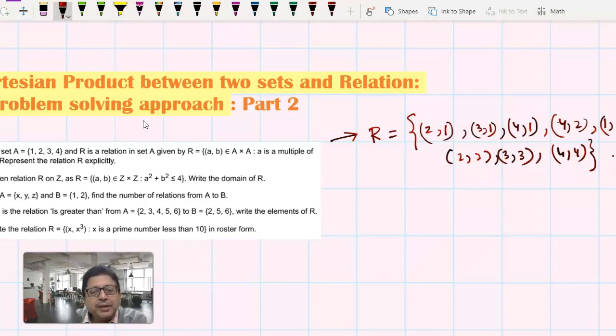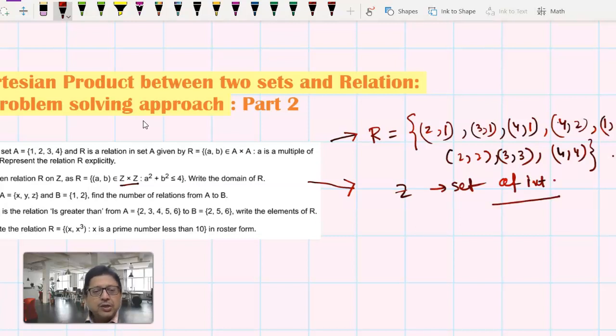Now when you are doing sum number 20, you can see that relation is given R equal to {(a, b)}, where (a, b) belongs to Z cross Z, and a square plus b square less than equal to 4. What do you mean by Z here? Z is the set of integers. Z stands for set of integers.